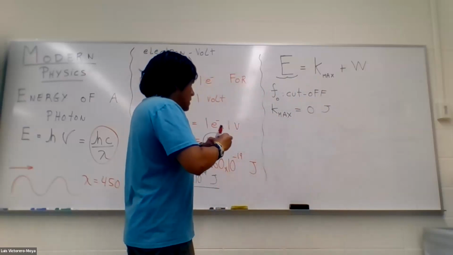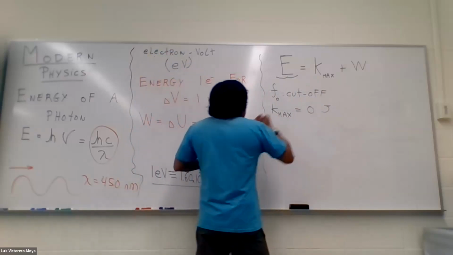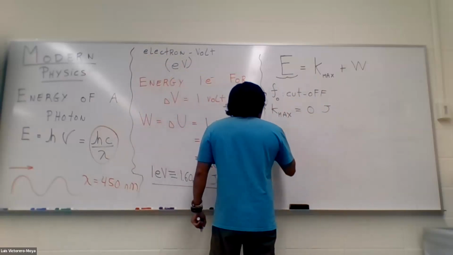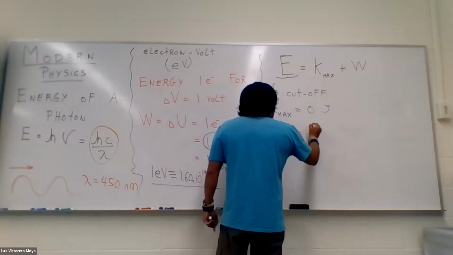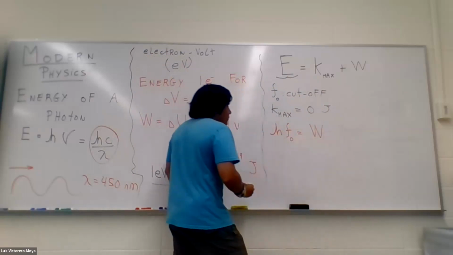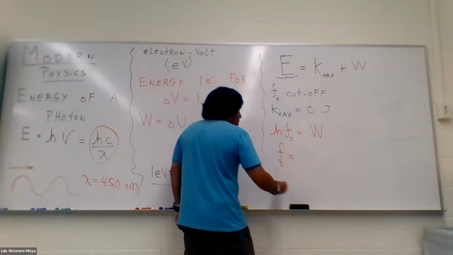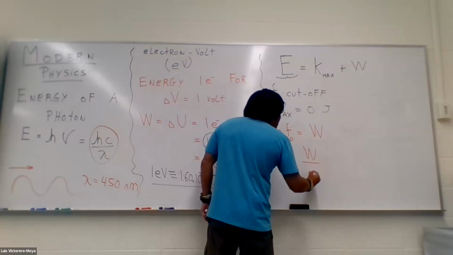If that's the case, then using the equation there, hf equals the work function. So the cutoff frequency is the work function divided by h.